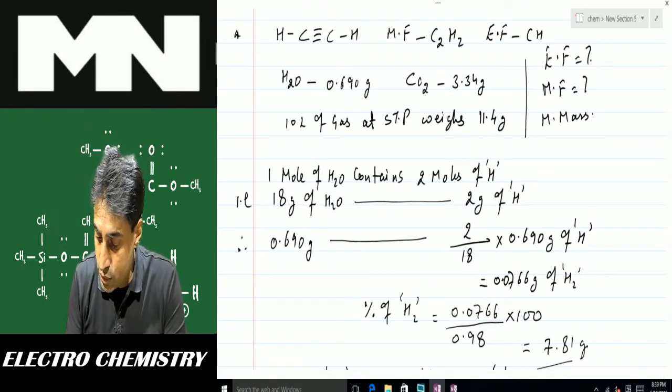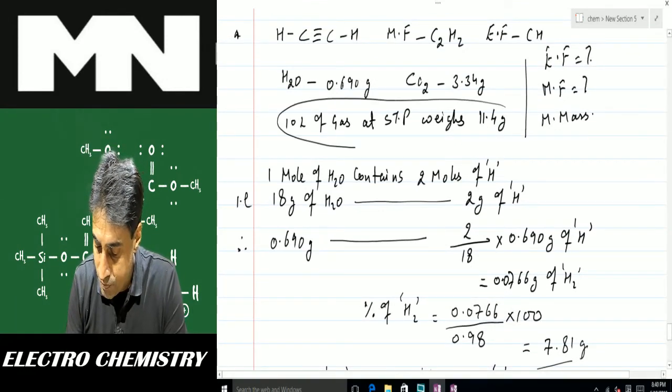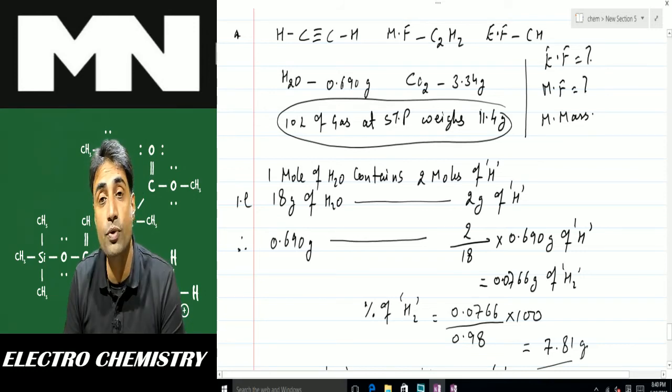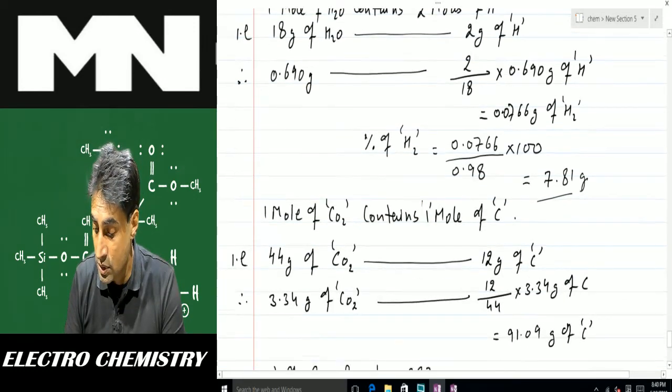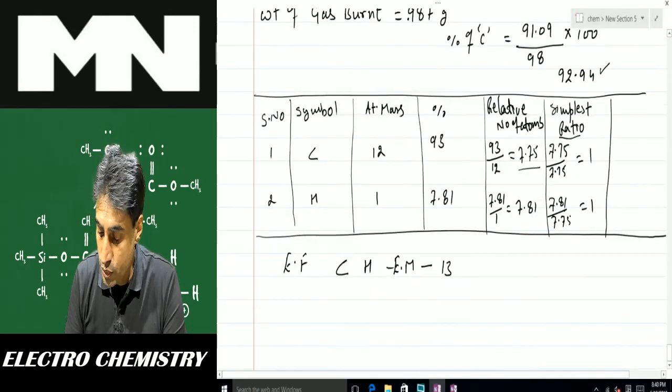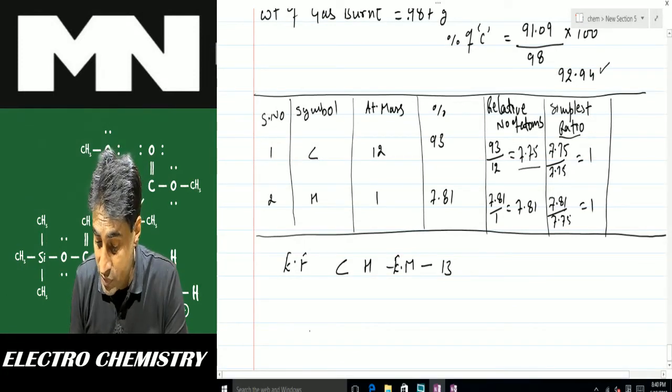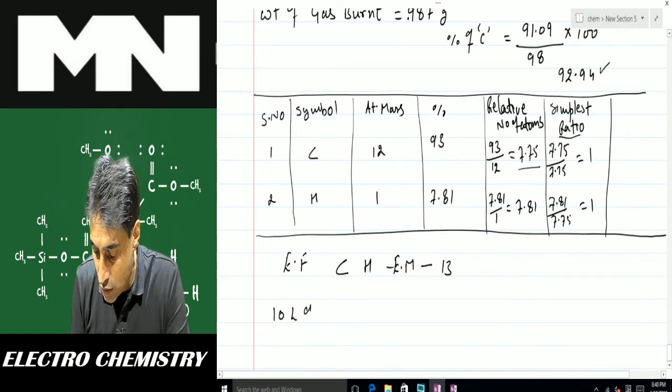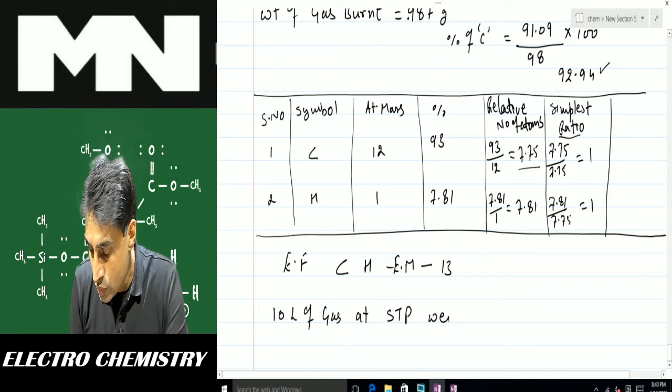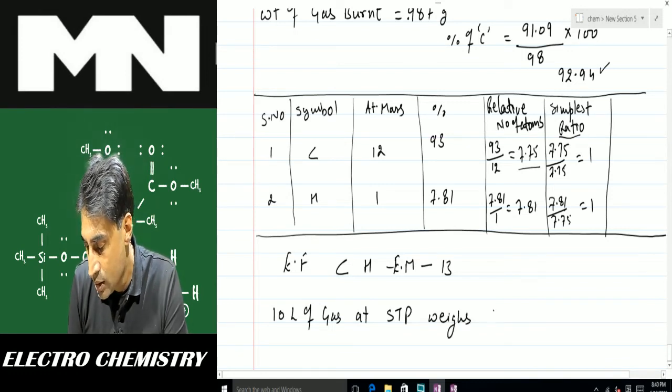According to the question, 10 liters of the gas weighs 11.4 grams. I'll use Avogadro's law, which I taught you earlier in the last class. So I can say 10 liters of gas at STP weighs 11.4 grams.